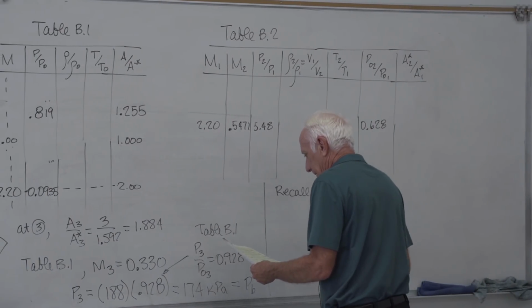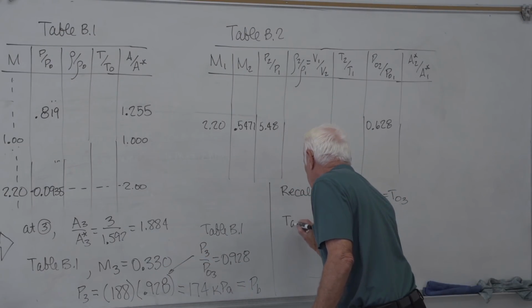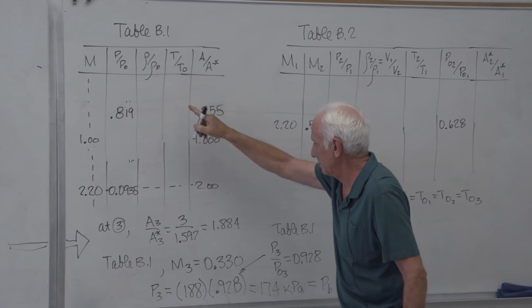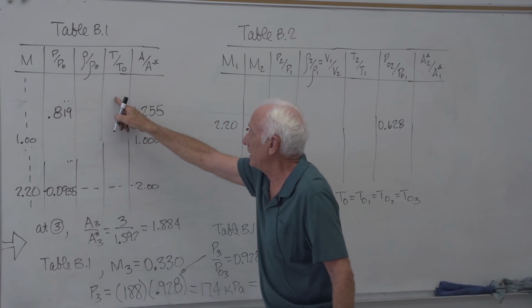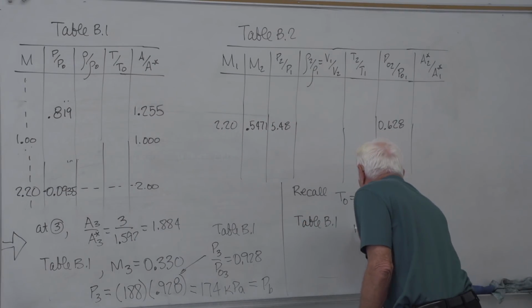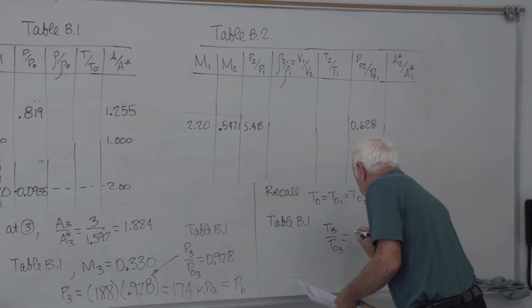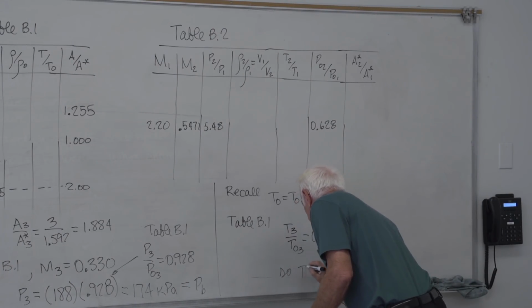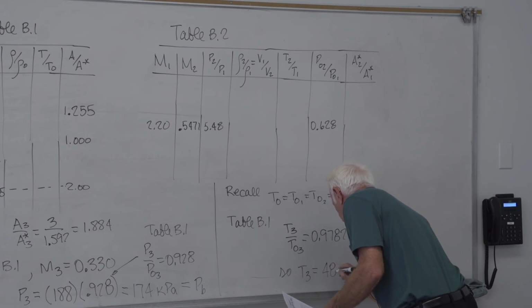So if I want to find T3, I go back here where the Mach number at 3 is 0.330, table B1. It's subsonic, it's up here somewhere. I know the Mach number, it's 0.33. I go over here, T3 over T3 naught, and I read 0.9782. So I solve for T3, the exit temperature, 489 Kelvin.